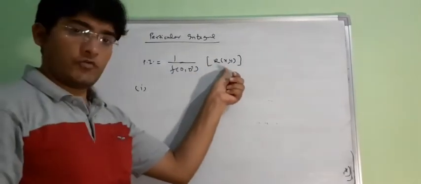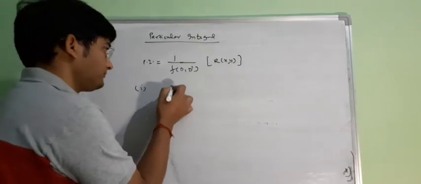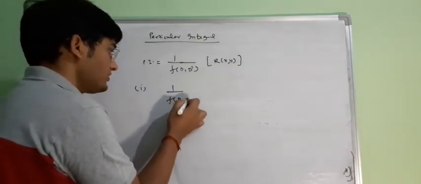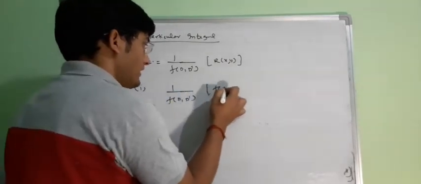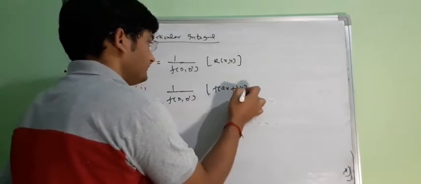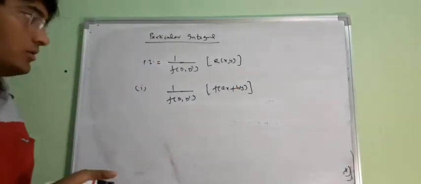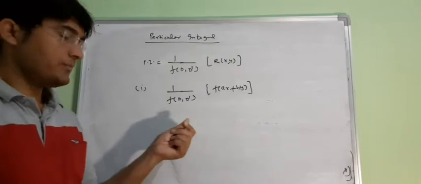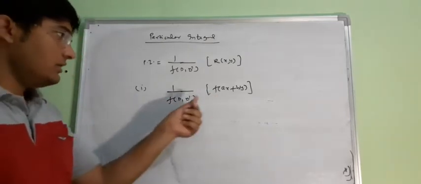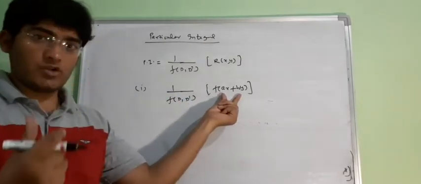Suppose that r of x, y is some function of ax plus by. I am just writing the formula, so you will have to remember this formula.